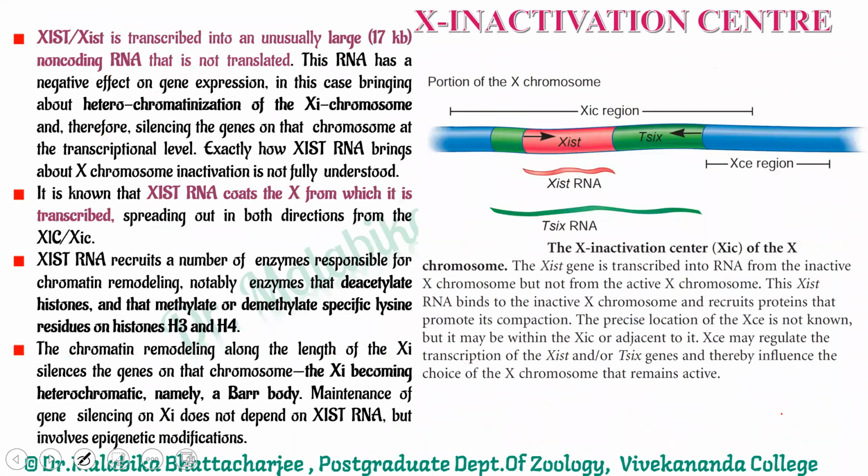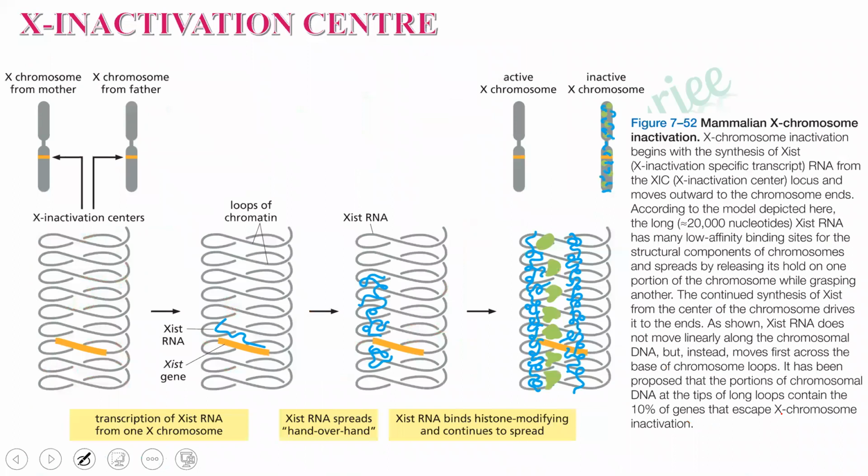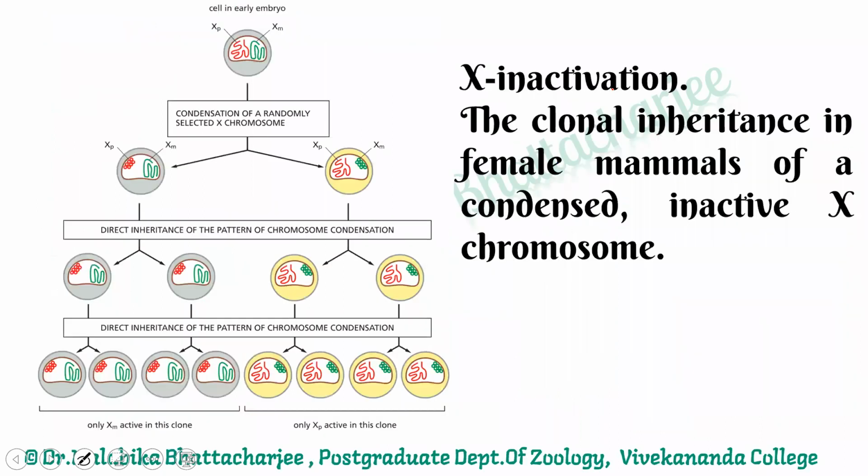So this was what we discussed. This is another picture of the X inactivation center. As you can see, the Xist RNA starts coating the X chromosome, and one of the X chromosomes becomes inactivated. So this is inactivation early in the embryo. In the embryonic stage, one of the X chromosomes is randomly inactivated.